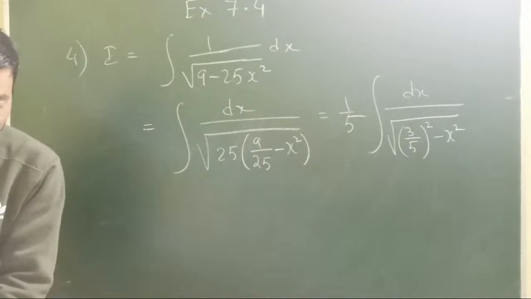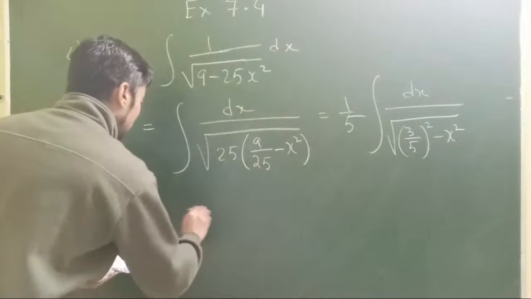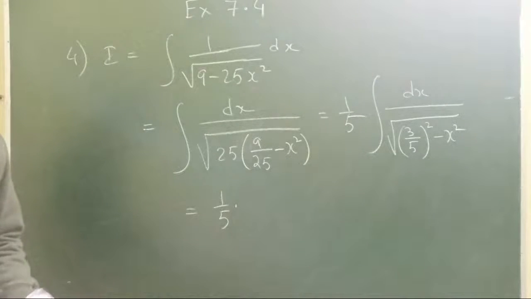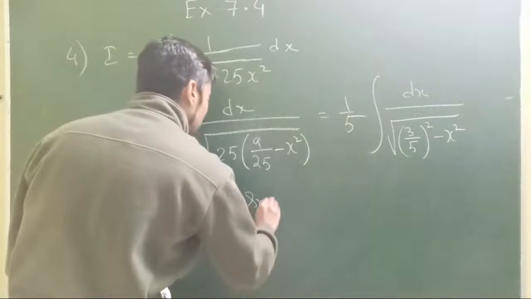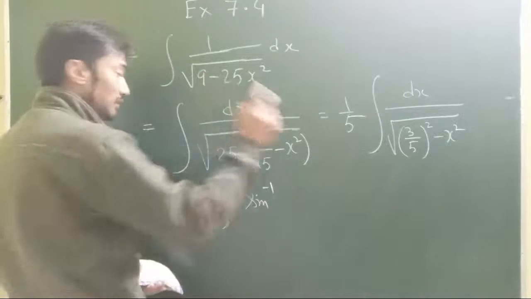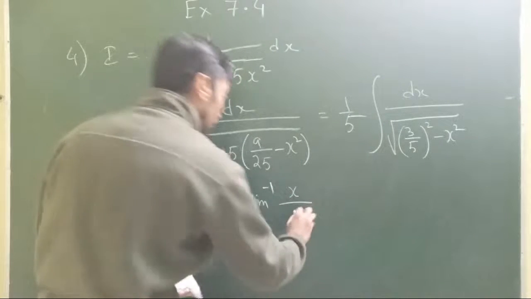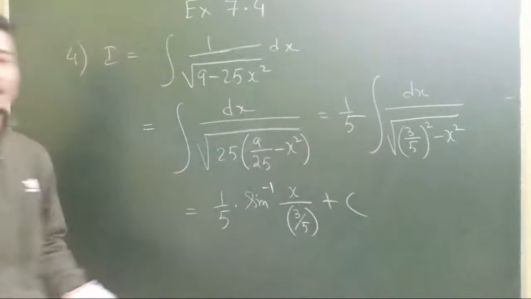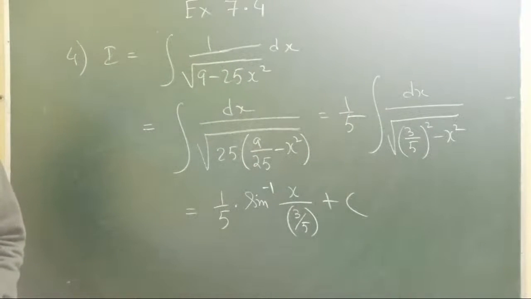So what was the formula? That cute small formula, what was that? It was of course 1 by 5 should remain. And then we had sine inverse of x by a. So that will be simply sine inverse of x by a, what is the value of a? It was 3 upon 5, plus c.